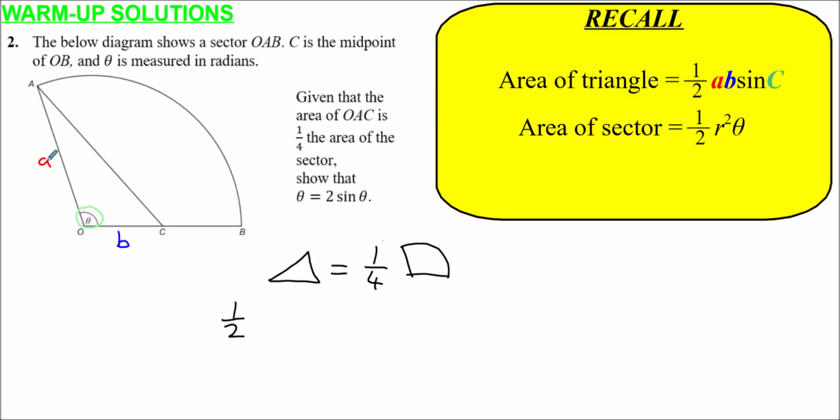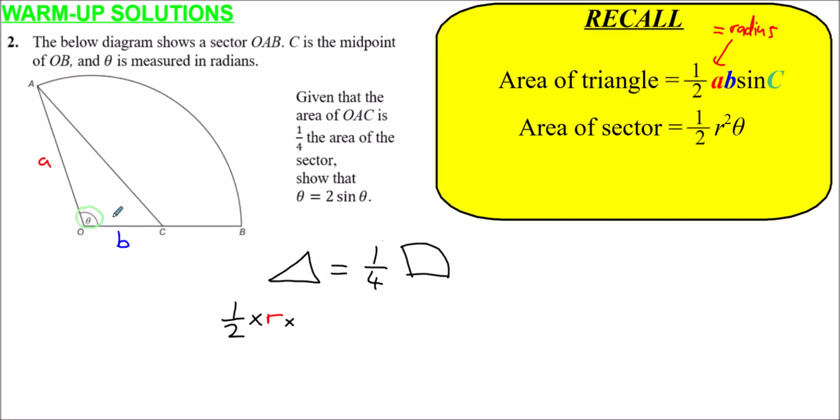Now A, if you look here, goes from O to A. And so A is actually the same as r. So I'm just going to make a note there that A equals the same as the radius in this case. So it's a half times radius times B. Now it says here that C is a midpoint.